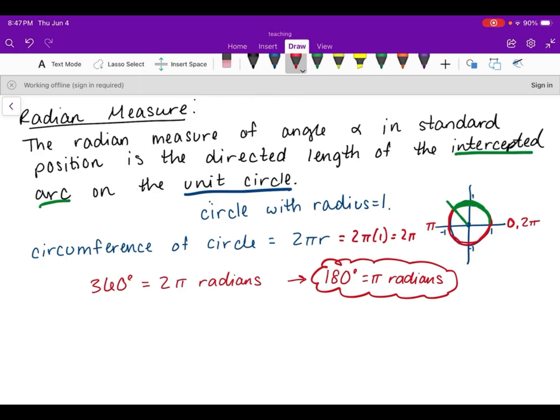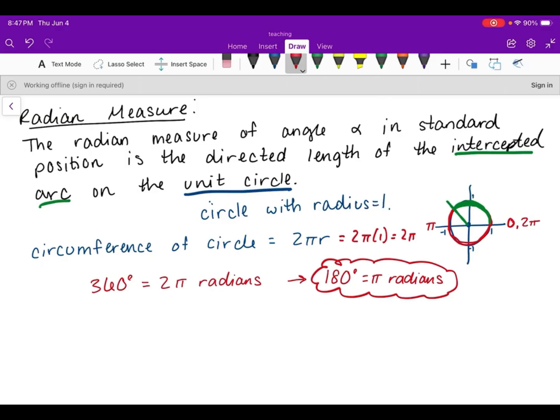In general, degrees are used more for understanding. They're a little bit easier to visualize. Radians are used more for calculation though. Later we're going to see some formulas, and you have to use radians when you deal in formulas.